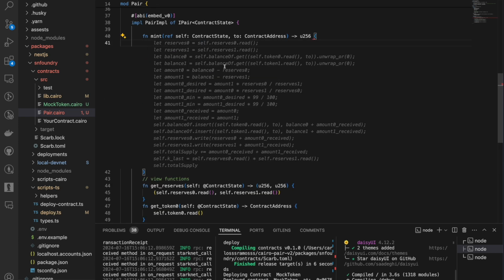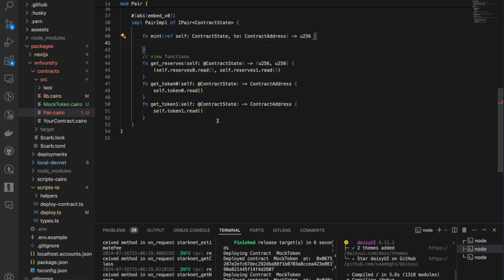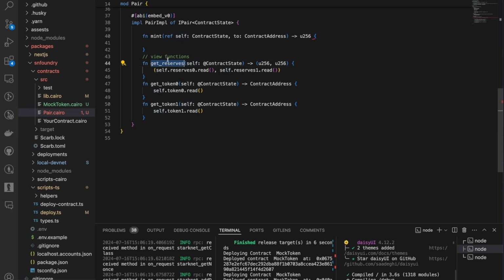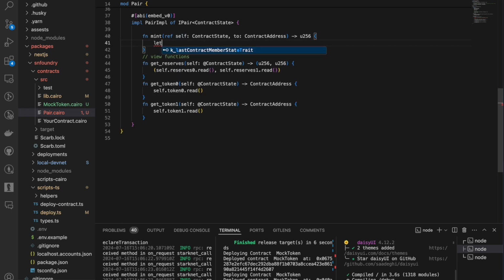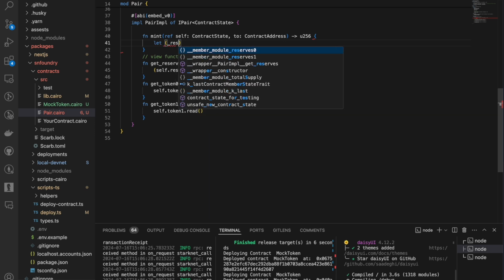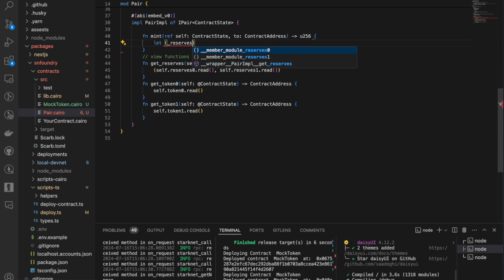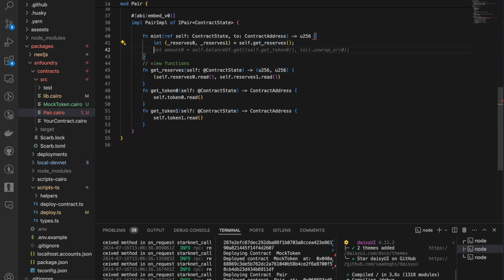Now, if we check the Solidity version, we have a helper function, which is this one, the reserves. So we need to first declare our reserves. I'm going to declare some local variables for the reserves of 0 and the reserves of 1. I'm going to get them through the function that I already defined as get reserves. So I already have these in my function mint.